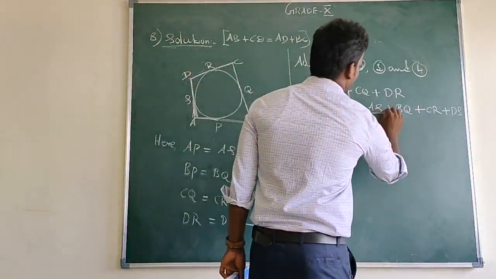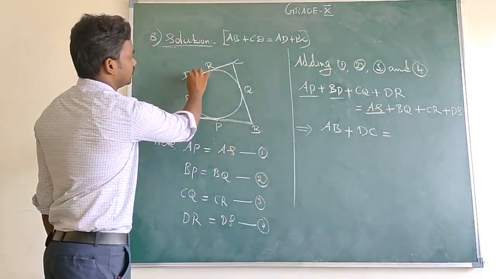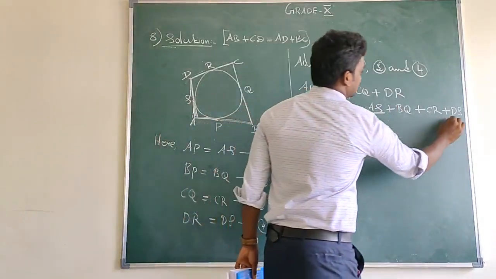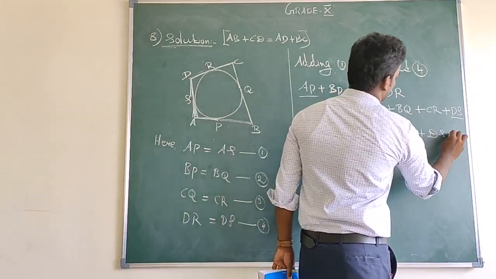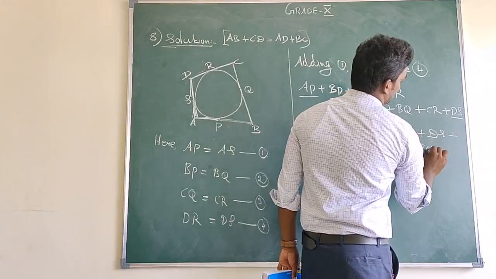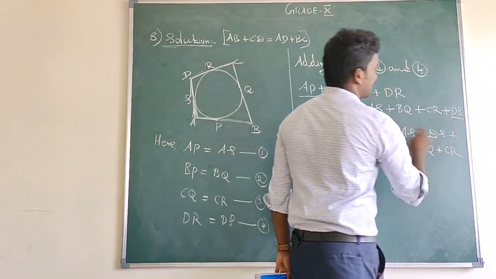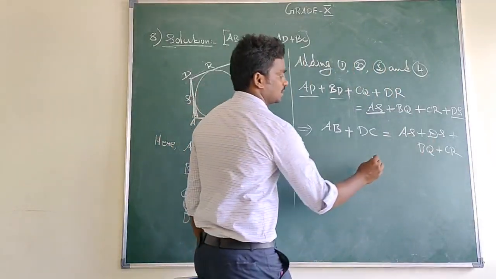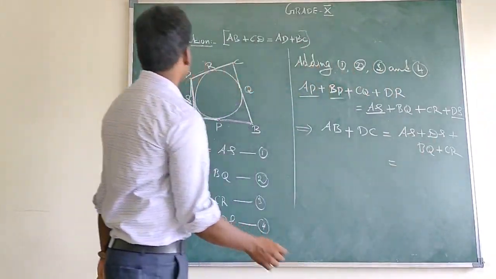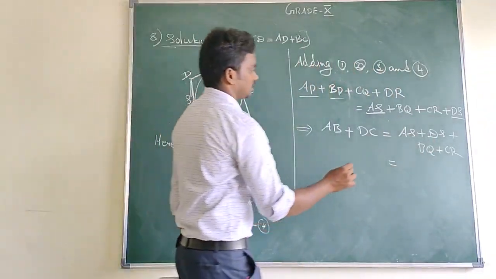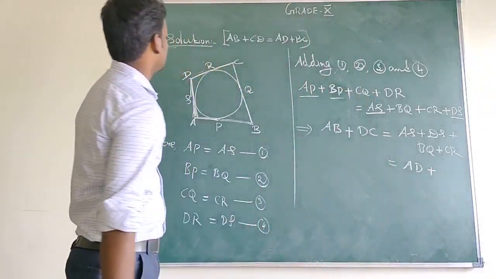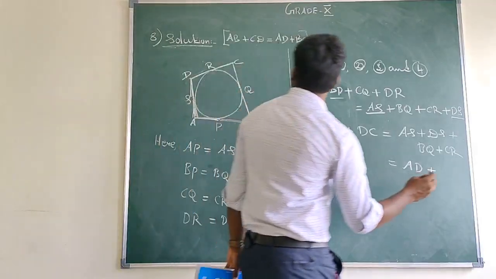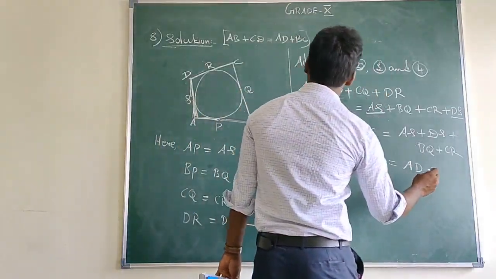So we can add AS plus DS. AS plus DS is the same as AS plus DS plus BQ plus CR. We can interchange the lengths of the measurements, which is equal to AD plus the value of BQ plus CR, that is BC.